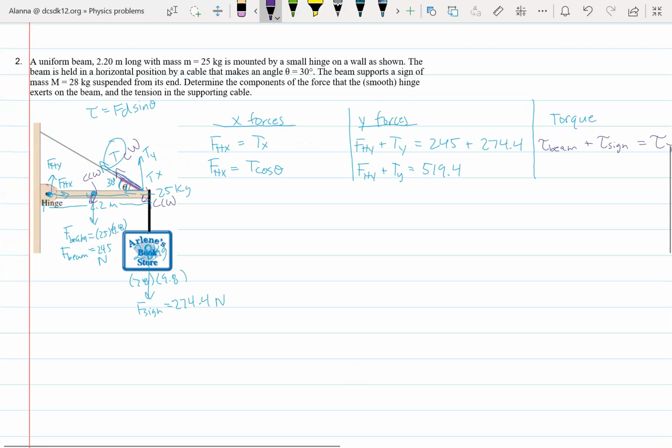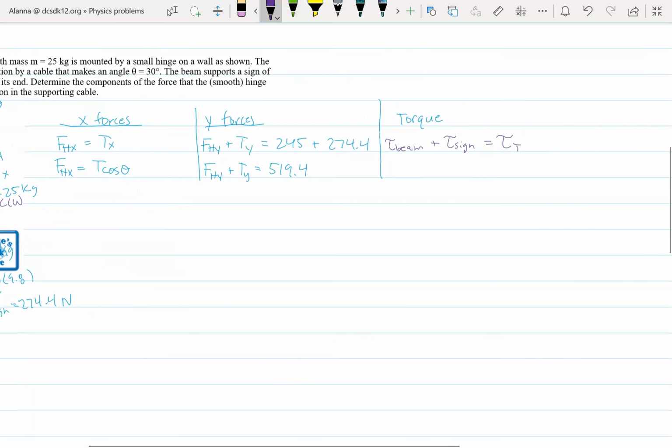Okay, so the torque from the beam is going to equal its force times its distance from the axis of rotation. Like with the bridge, we're going to pretend all of the mass of the beam is concentrated at its center of mass, which is 2.2 divided by 2, so that's at 1.1. So we're going to say that it is 245 times 1.1.